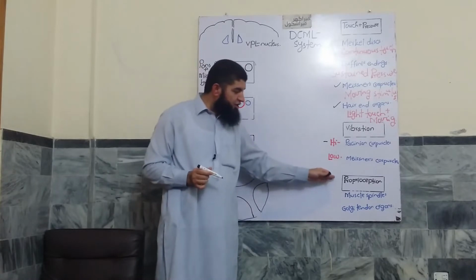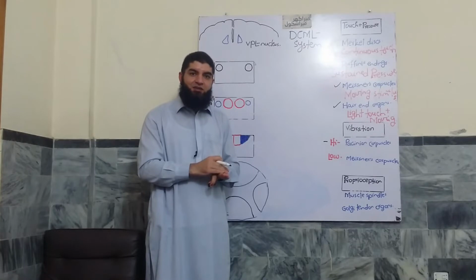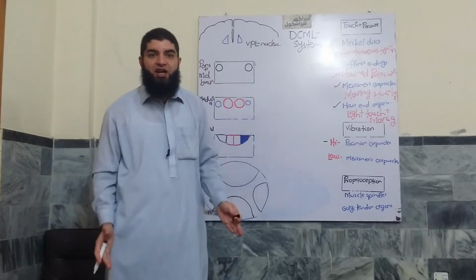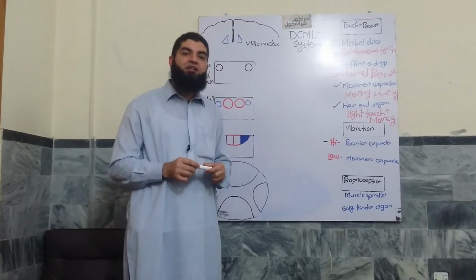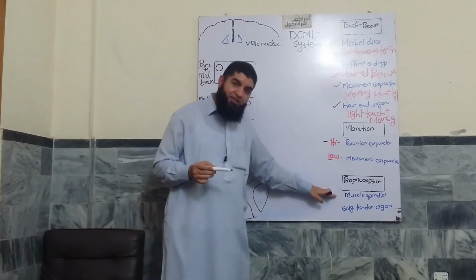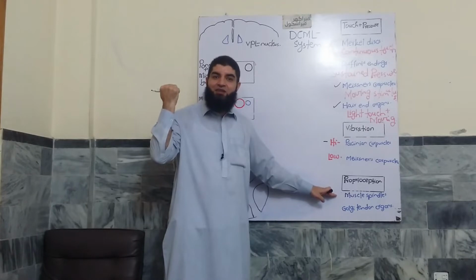detection of proprioception, that is joint position sense, continuous awareness of the state of different joints is primarily a function of the muscle spindles and the Golgi tendon organs. A change in the muscle length, say for example a muscle is contracting, its length is shortening.